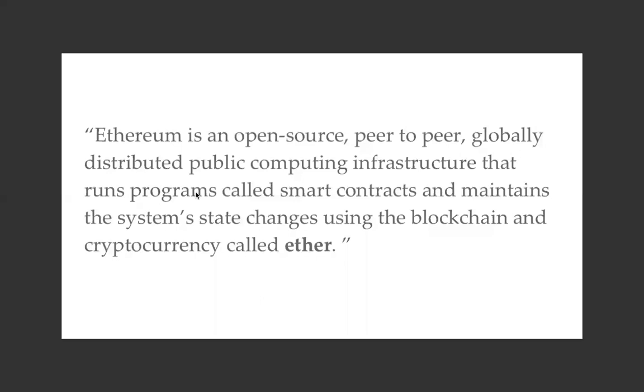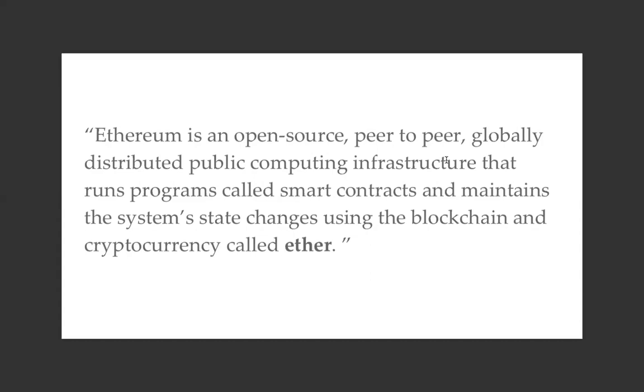If you go by the definition, it's an open source, peer-to-peer, globally distributed public computing infrastructure. This is very important. It runs programs called smart contracts and maintains the system state changes using the blockchain and cryptocurrency. The first part is the distributed public computing infrastructure that I have explained: your program has access to the collective computing infrastructure of Ethereum peers scattered across the world.